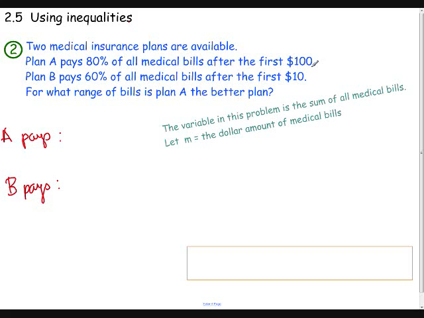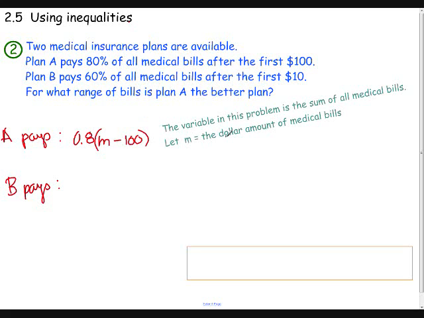After I pay the first 100, Plan A will pay 80%. Remember, we always convert percent into decimal. It'll pay 80% of all my medical bills. Well, so medical bills minus 100, because it's not going to pay that.